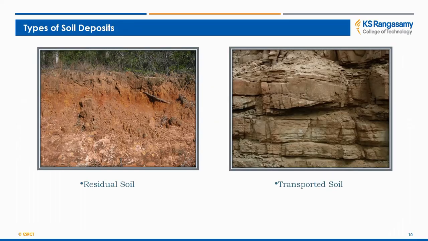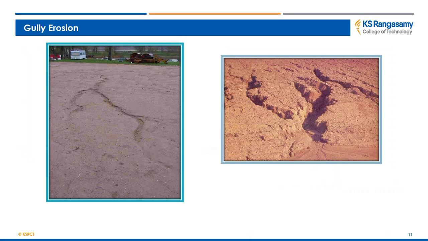The types of soil deposits in India are normally residual soils and transported soils. Gully erosion is formed in normal soils like in valleys or in growing areas.